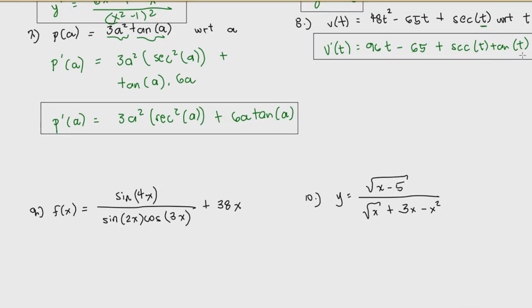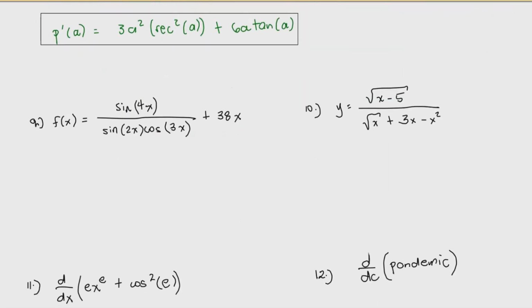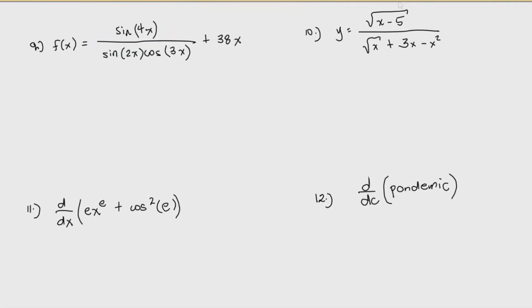Okay, so now let's move on with the next. For number 9, actually these 1 to 10 are really very easy problems, and starting from 11 to 15 will be quite confusing. So we just need to take the derivative of f of x, that is f prime x. This one is actually a trigonometric function with the quotient rule.